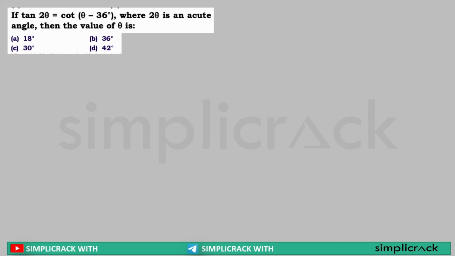Sir, tan 2 theta is equal to cot this much. Same. If alpha plus beta is equal to 90 degree, then tan alpha is equal to cot beta, or tan beta is equal to cot alpha.